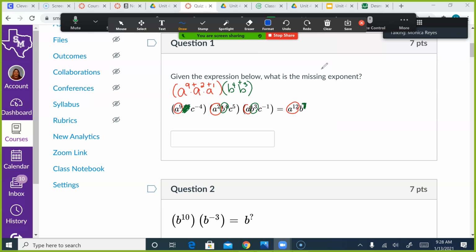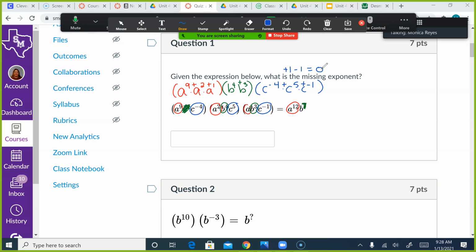And then c: negative 4, 5, and negative 1. I'm adding all of these together because all of them are c, so I can combine them. Negative 4 plus 5 is positive 1, and then I have a negative 1. So positive 1 and negative 1 make 0.